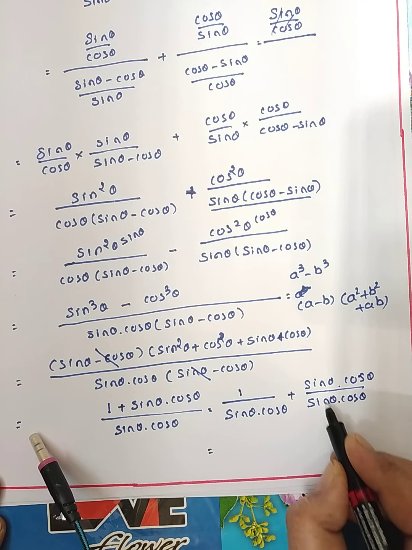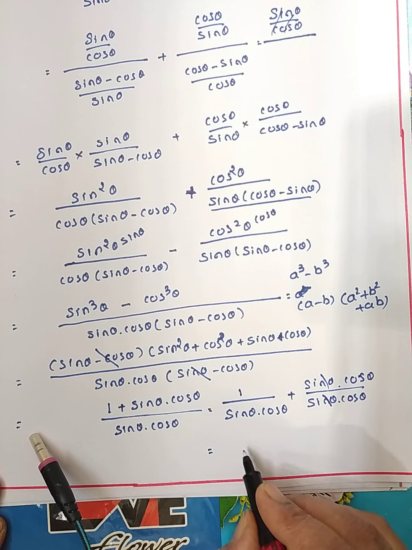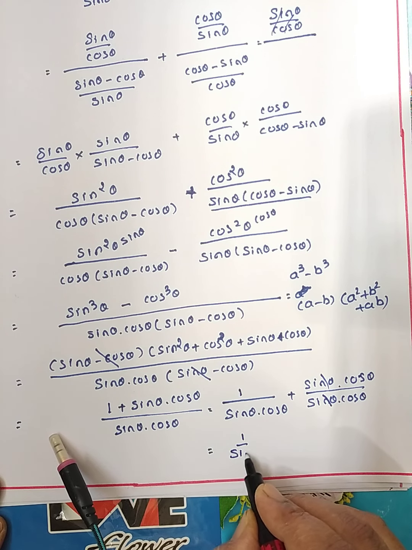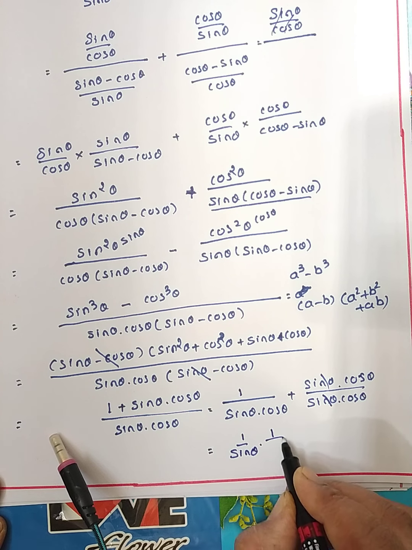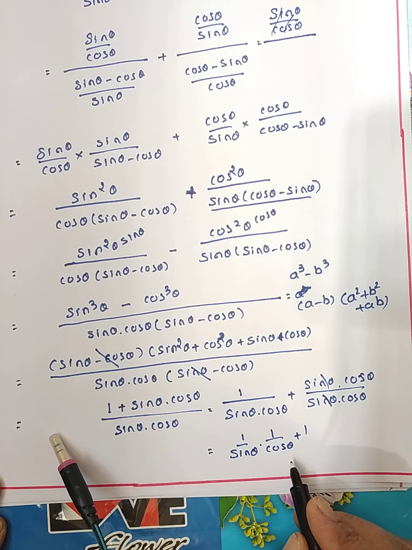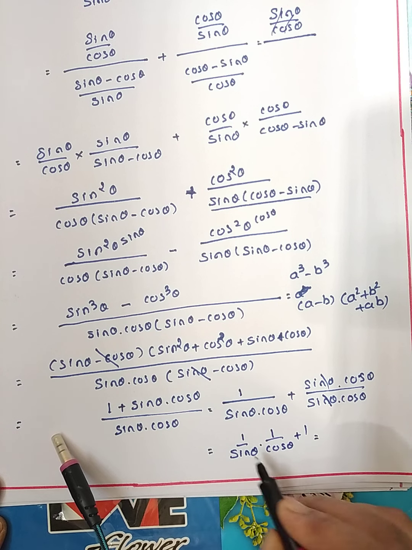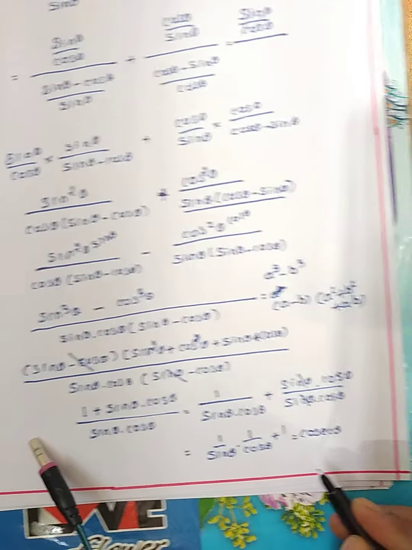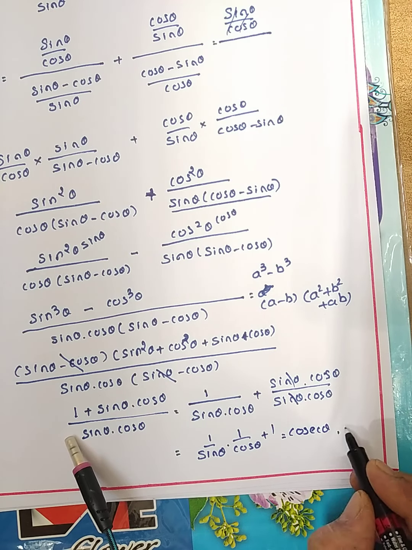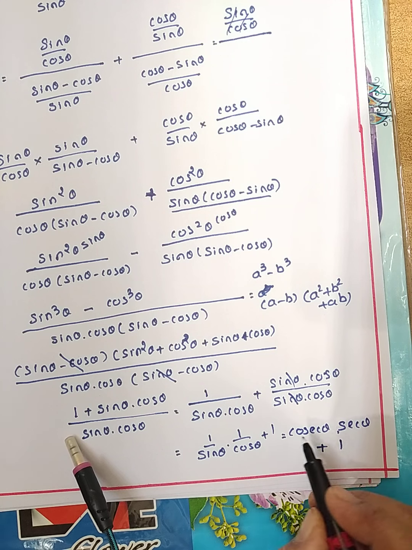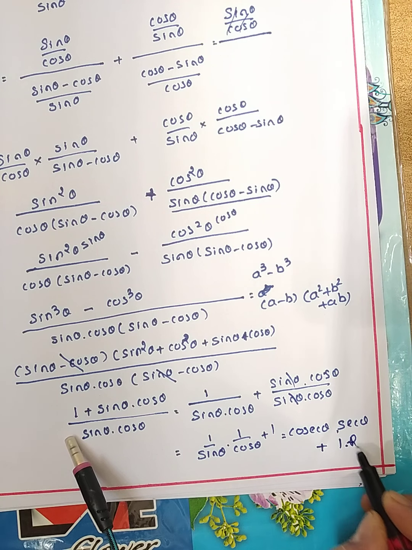So this gets cancelled here. Now 1 by sin theta, 1 by cos theta plus 1, this is the final result. 1 by sin theta is cosec theta, and 1 by cos theta is sec theta, plus 1. This is the RHS.